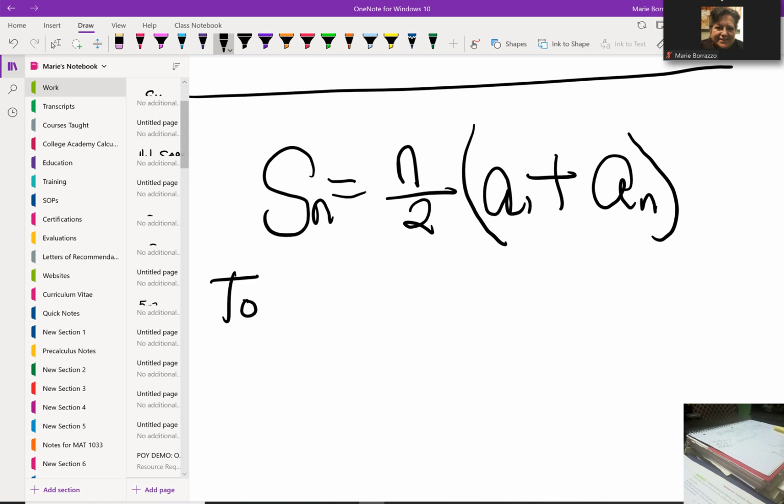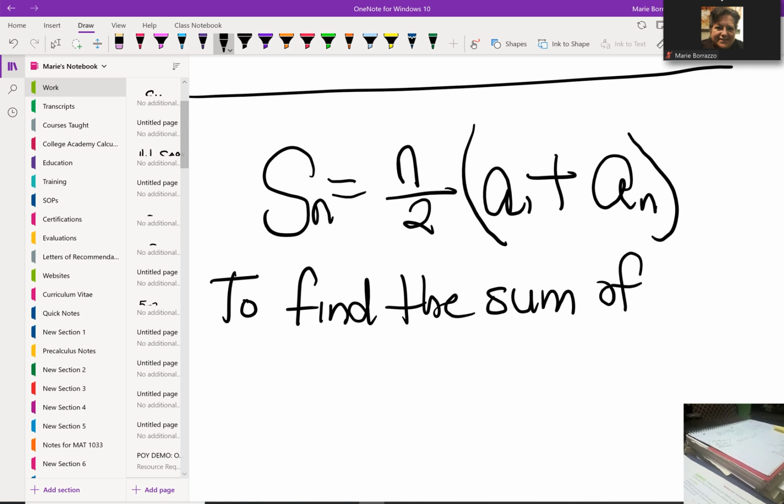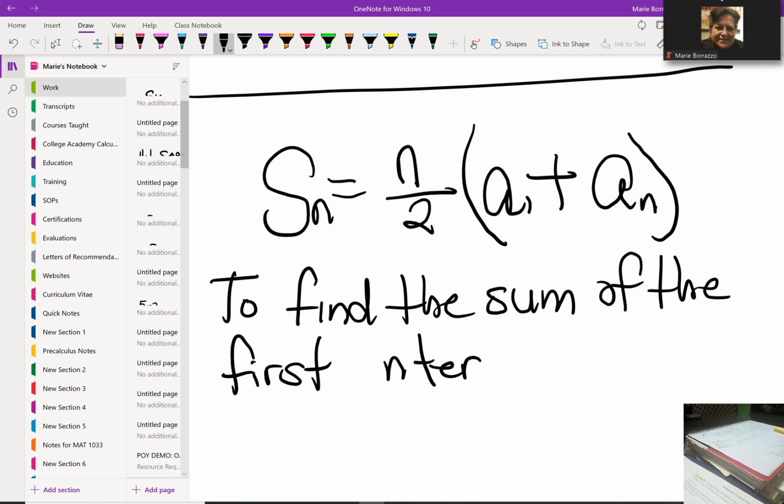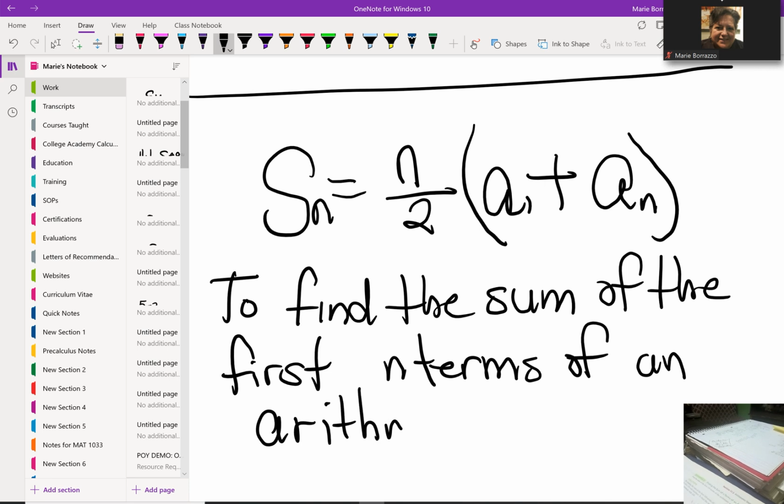This is how we find the sum of the first n terms of an arithmetic sequence.